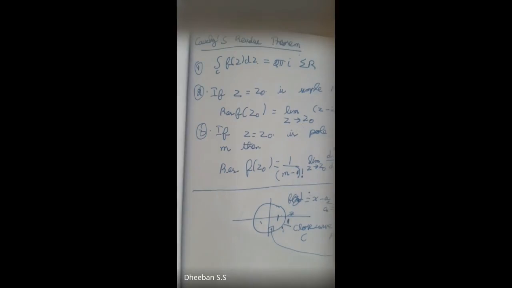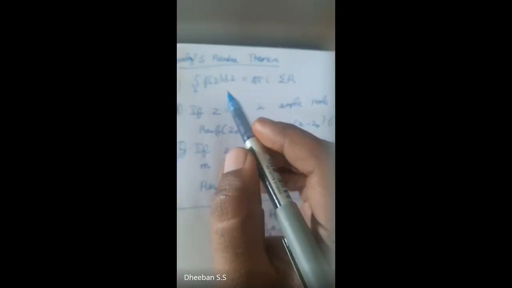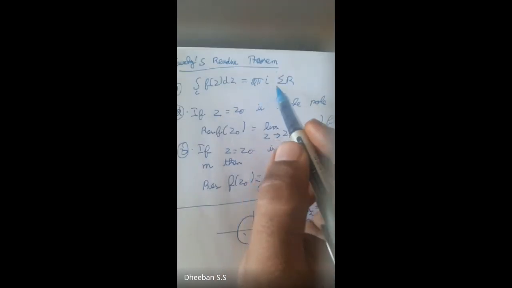So what they're saying is, the first thing, as I have explained previously, is 2 pi i into the sum of your residues.